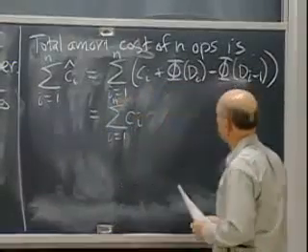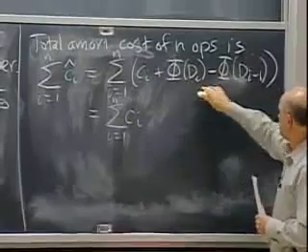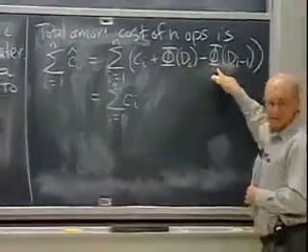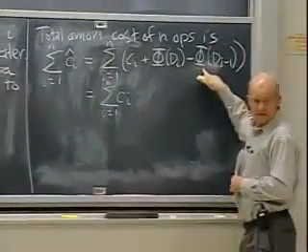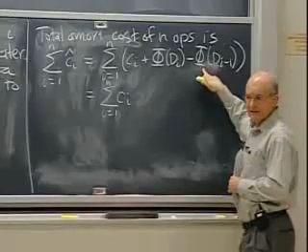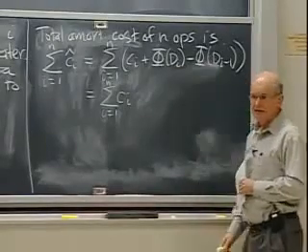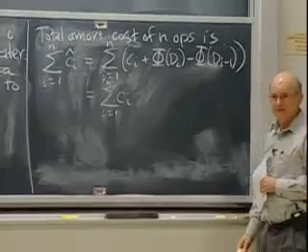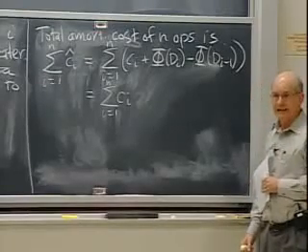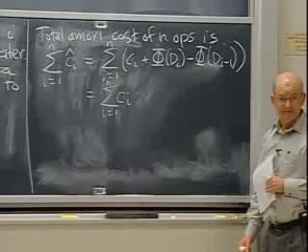And now what happens when I sum up these terms? What's the mathematical term we use for it? Telescopes. Okay?